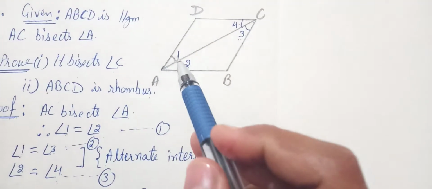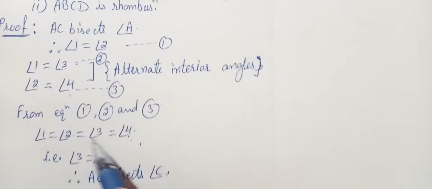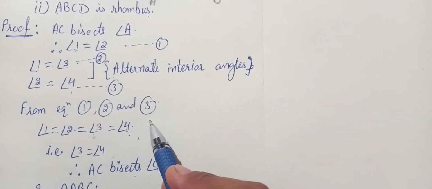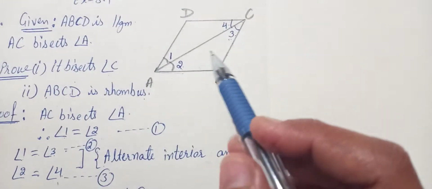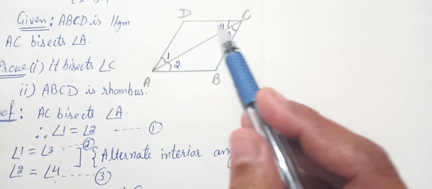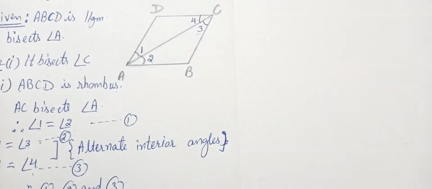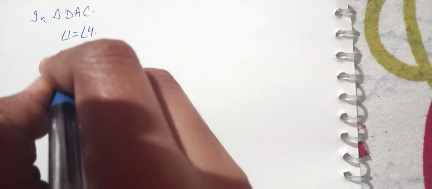See, we have proved that angle 1 is equal to angle 4. We have proved here that all the four angles are equal. Okay, so if angle 1 is equal to angle 4, then in this triangle DC becomes equal to AD. So we will write here, if angle 1 is equal to angle 4, therefore DC becomes equal to AD.